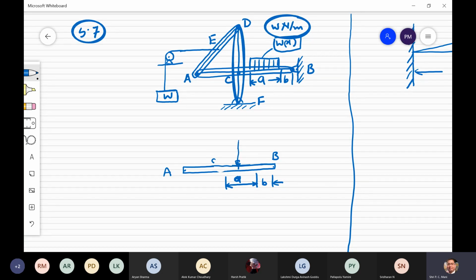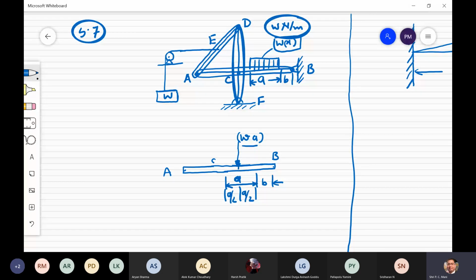So this will be like this. W into a will be the load, which will act at the CG, that is a by 2, and this one is a by 2.